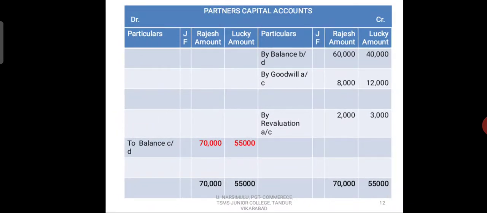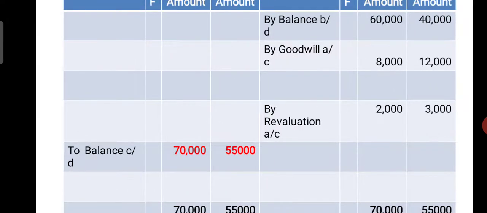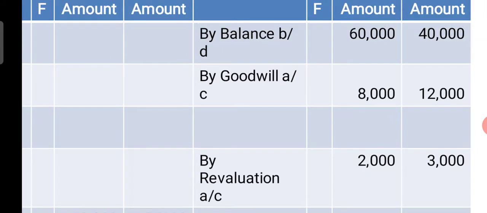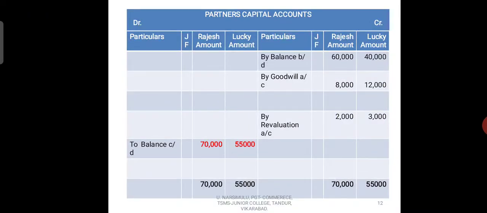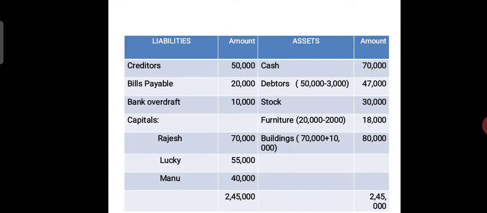So like this we can prepare old partners capital accounts. So in the old partners capital accounts we are getting three important points: credit side opening balance, then goodwill distribution amount, and revaluation account profit. So after that you can find the closing balance in the capital accounts.